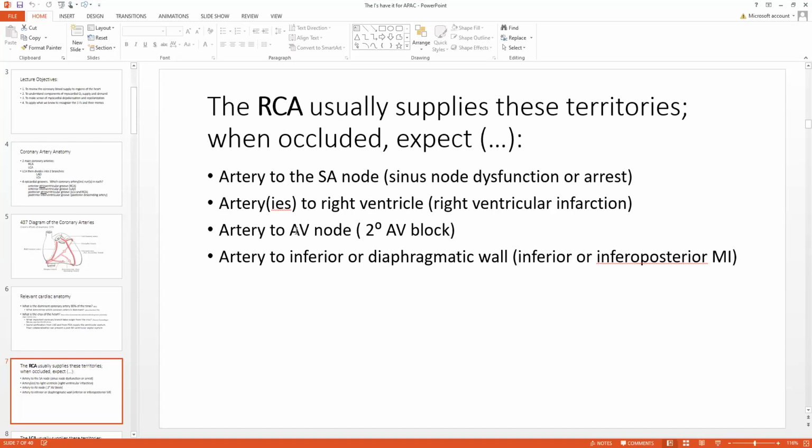I just told you that the artery to the AV node comes off of the crux. 80% of the time, it's the dominant right that does this. So it's a more distal occlusion in the right coronary artery that'll cause AV block. And more distal than that, if that's the only thing you see is an inferior or infraposterior infarction, that's more distal in the right coronary artery. Now, let's say you see every one of these things. Well, then you've got a very proximal occlusion in the right.